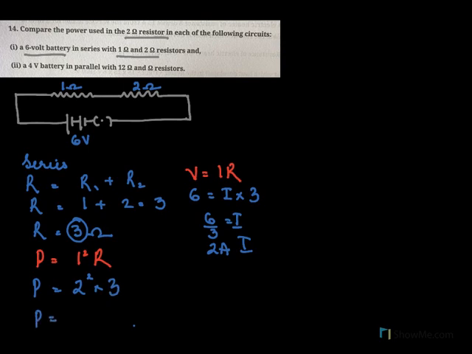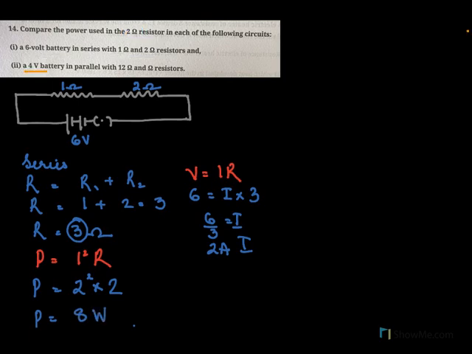So the power in this case will be, the resistance is a mistake. The resistance is not 3. We have to find the power only of 2 ohms. So our resistance has to be 2 and not 3, because the question is to find the power of 2 ohms. So power is 8 watts.